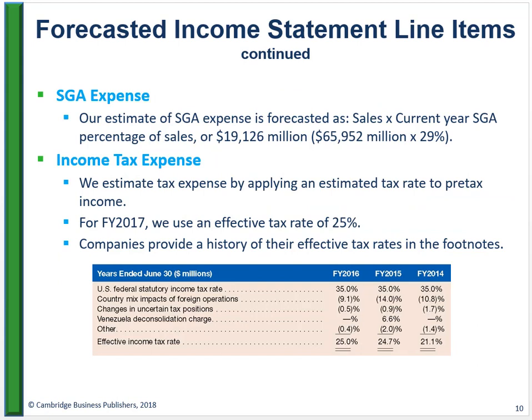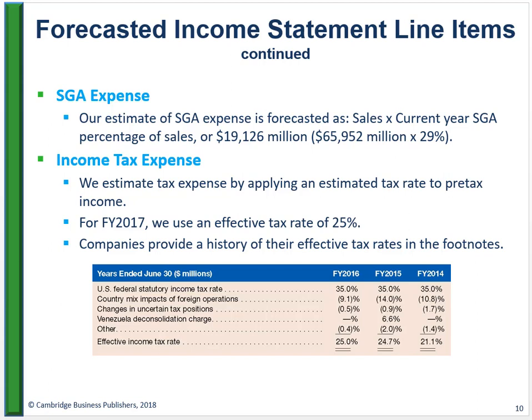On this slide, our authors give us some additional detail on how additional accounts were forecasted. For SG&A expense, they stuck to a traditional percentage of sales methodology. For the income tax expense, you can see here that an effective tax rate of 25% was used based on the information that was disclosed in the 10K, as can be seen on the bottom of slide 10 here in the chart.